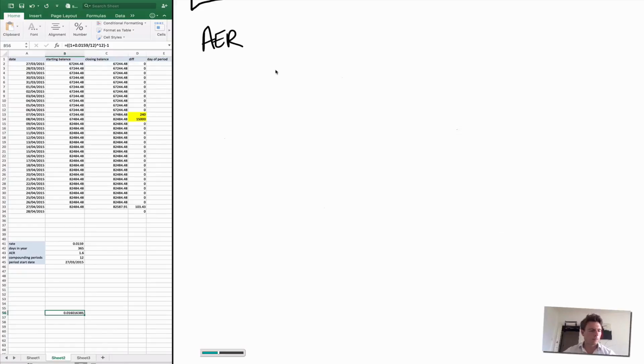So I want to talk about AER briefly. AER stands for annual equivalent rate, right? And it's simply when an interest rate R is quoted as an annual rate, and it compounds, let's say, over n periods within the year.